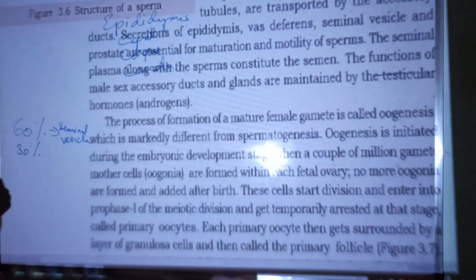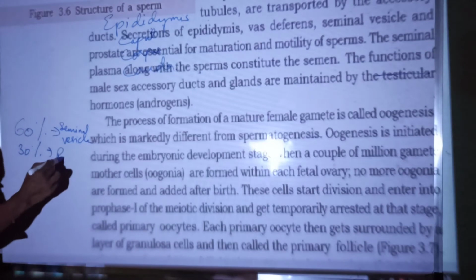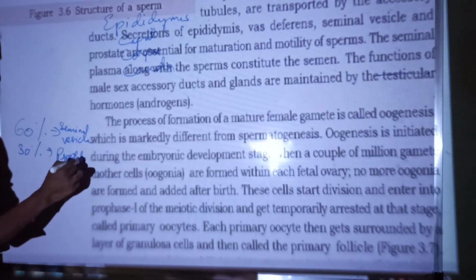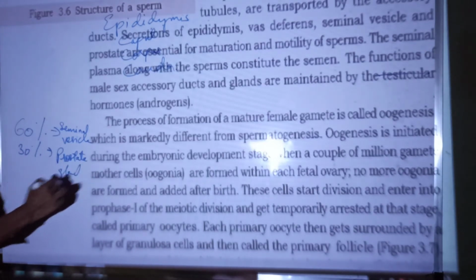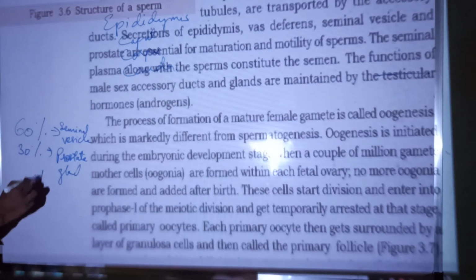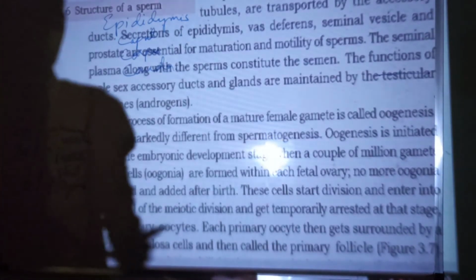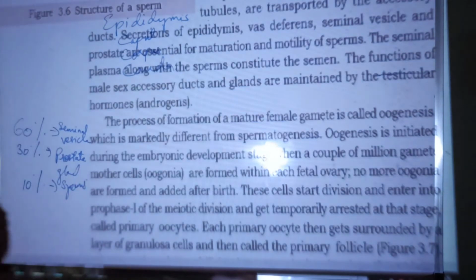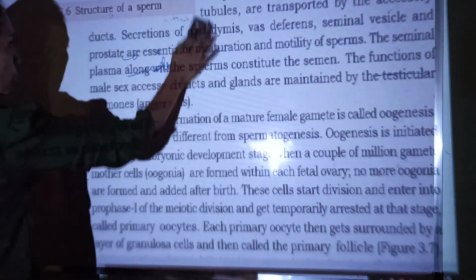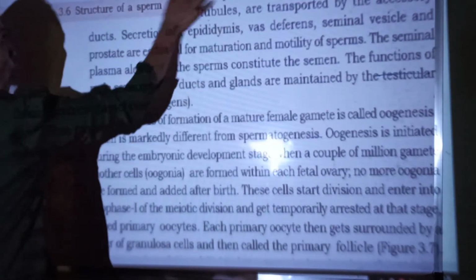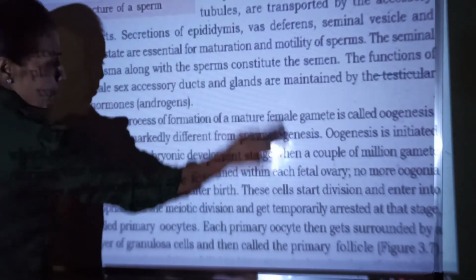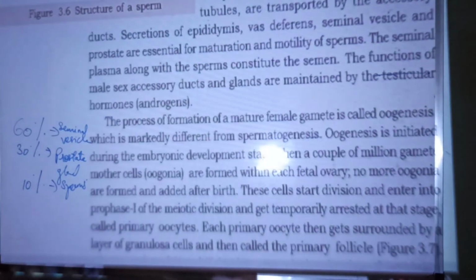The actual proportion of sperms in the semen is just 10%. For nutrition and motility, the role of the supporting accessory glands is really important.